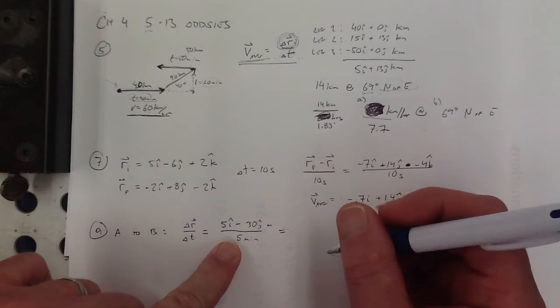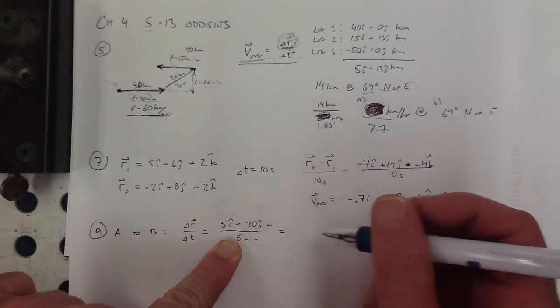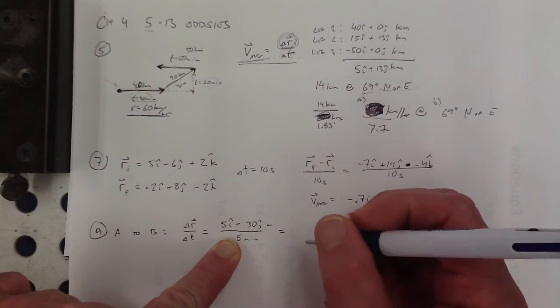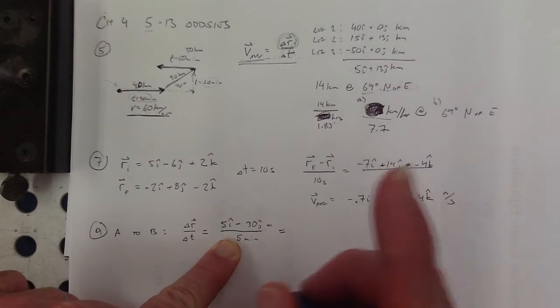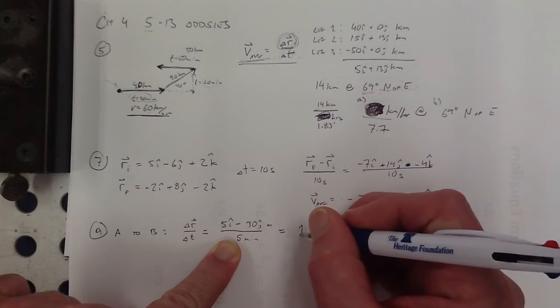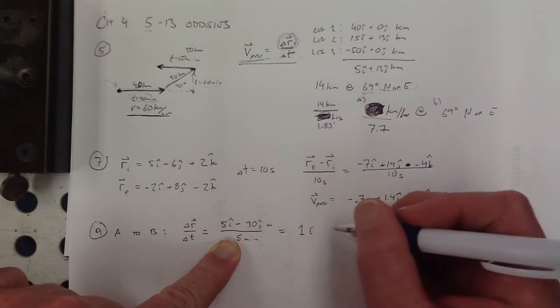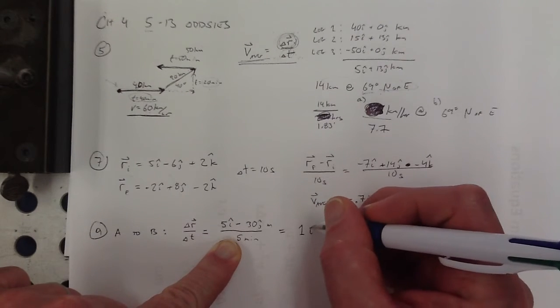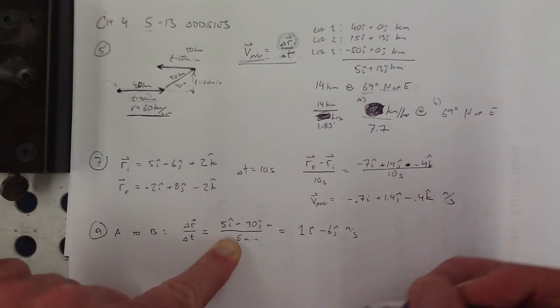So we can find this average velocity in unit vector notation if we want to, or we could find the magnitude of this and then divide by the time. Either one of those would be just fine to get what we need. So I have 1i, 5 divided by 5, minus 6j meters per second.